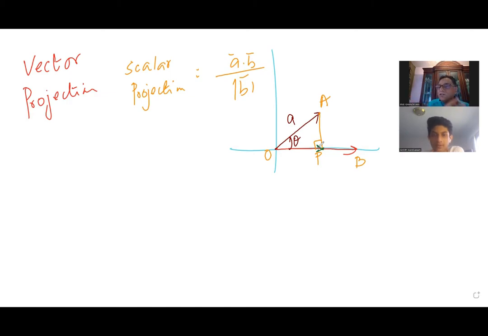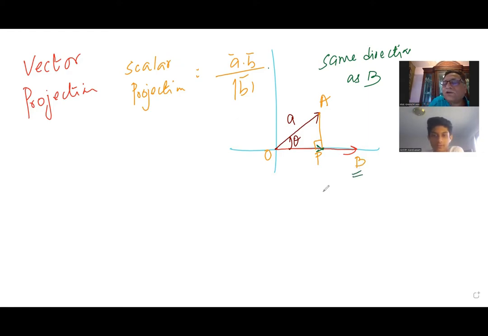It is along the direction of B. That means the direction is the same as vector B, so if I add this direction to it, we get the vector projection.